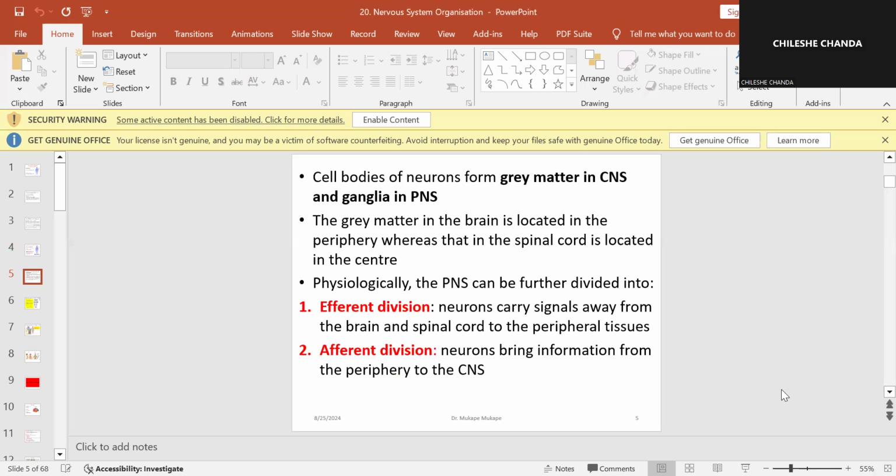Now, cell bodies of neurons form gray matter in the central nervous system and ganglia in the peripheral nervous system.